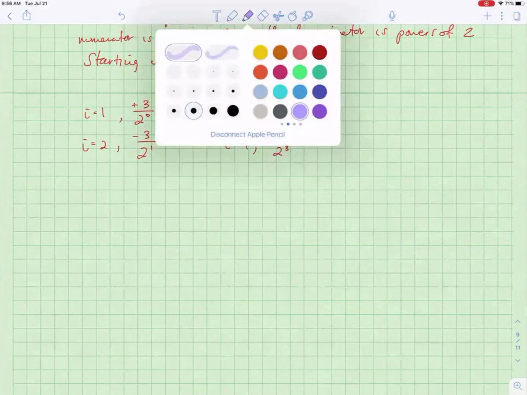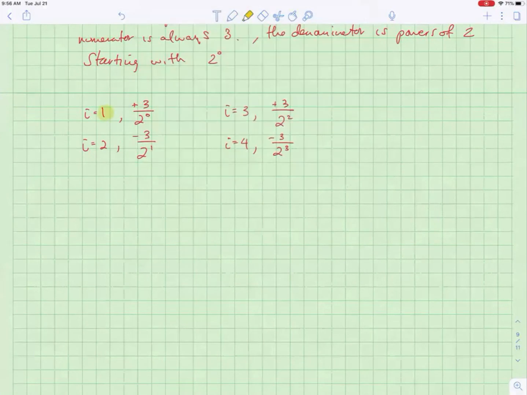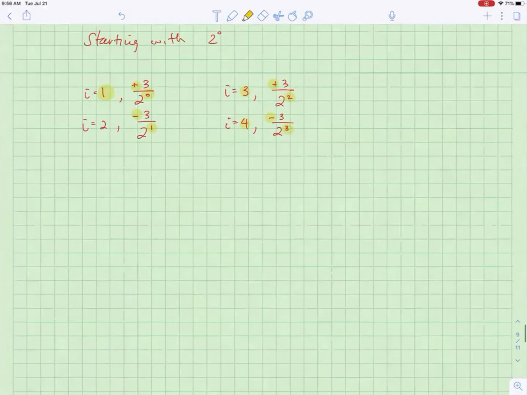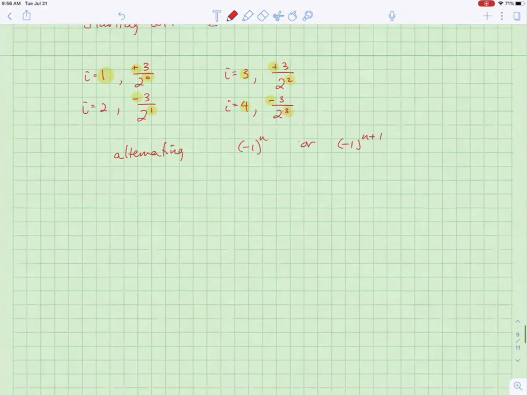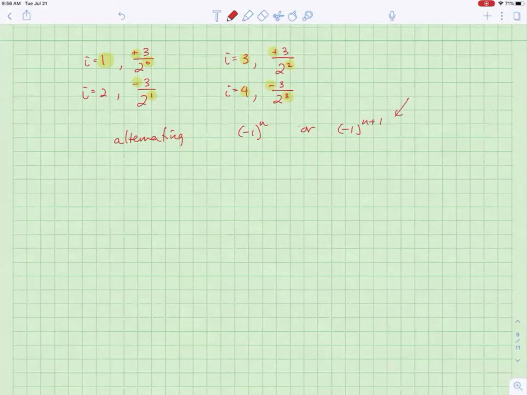And we need to find a correlation between this index and the part of each term that is changing. So, because it's alternating, we're going to use a negative 1 to the n, or negative 1 to the n plus 1, whichever one starts out positive. So this one is positive with n equals 1. So I think that this is the one that we're going to use.